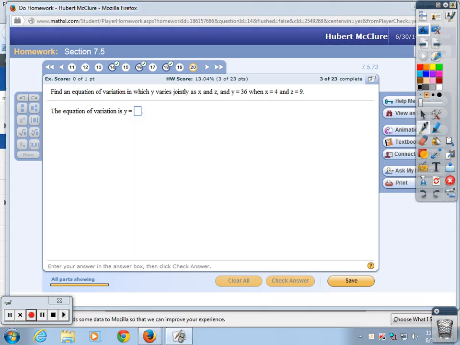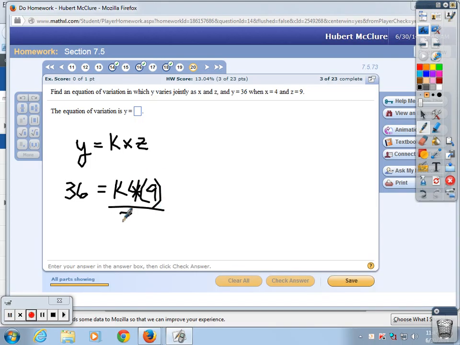So this one says find an equation in which y varies jointly. So that'd be y is equal to k times x times w. Okay, they use z. I'm sorry. All right, and y is 36, x is 4, and z is 36. Basically, you get 36 on both sides. And K is equal to what? 1.